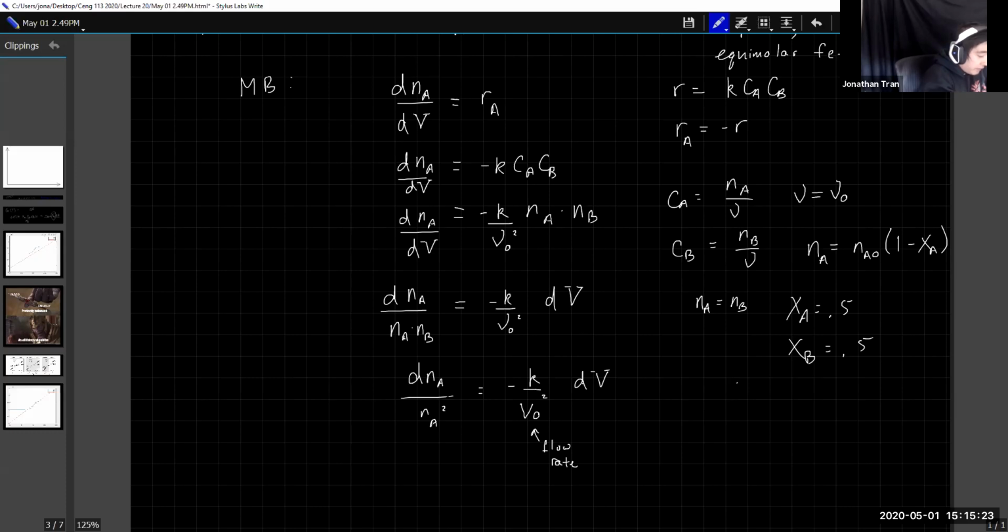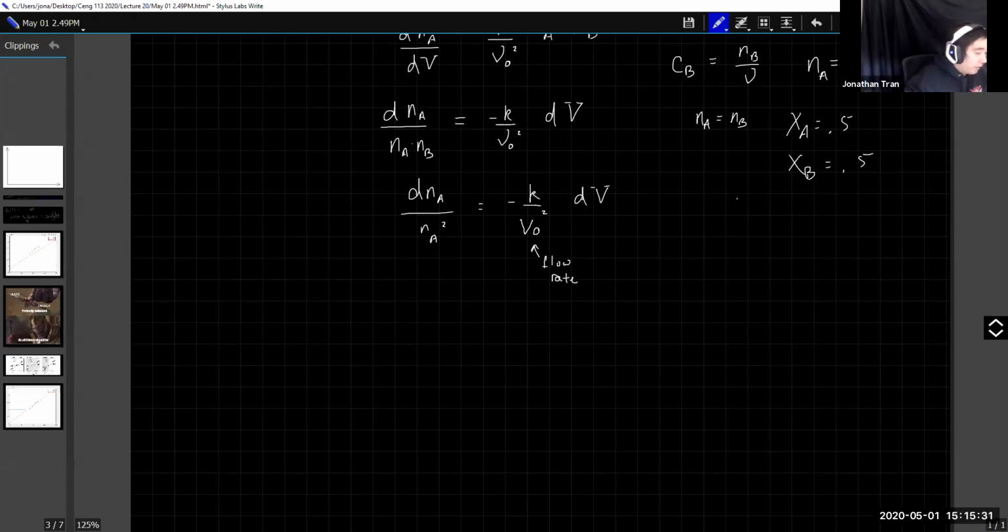So in this case, like I said, we can set NA and NB equal to each other because of the conversion and because of the equimolar feed. And then we just have to calculate the integral now, which is in this case, NA naught to NA and 0 to V for the right side.